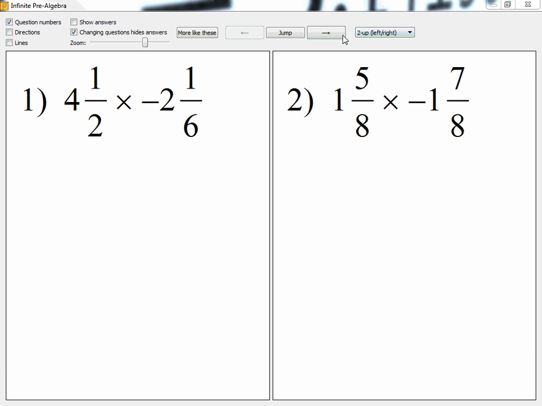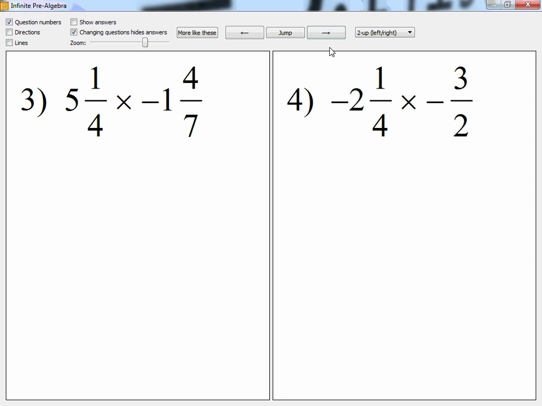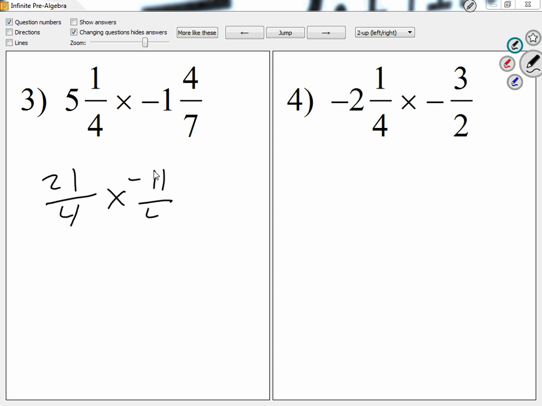Let me take a look at a couple more. Looking at question number 3, change that to an improper fraction. So I'm going to call this 21 over 4 times negative 11 over 7.